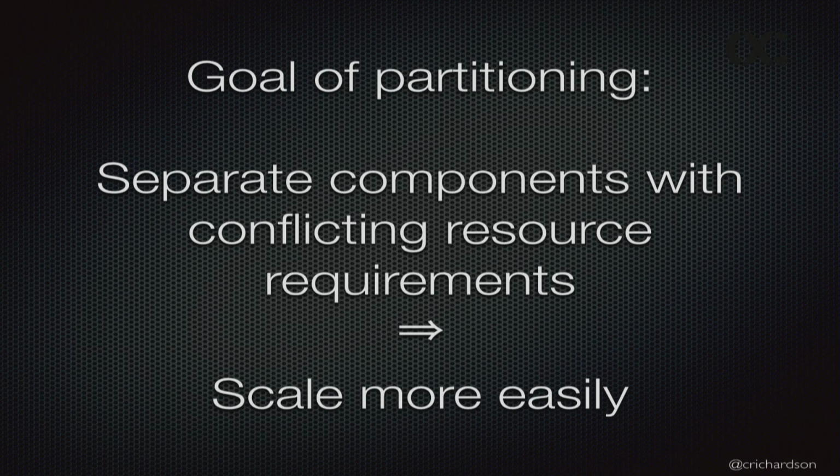And also, a secondary goal of partitioning is to allow proper scaling. So we separate components that have conflicting resource requirements. We can put CPU-intensive components on machines that have a lot of CPU, memory-intensive components on machines that have lots of memory, and so on. So each one can scale more optimally.